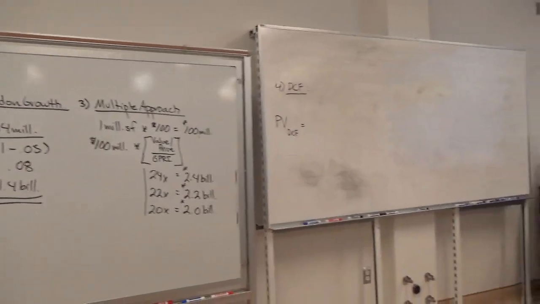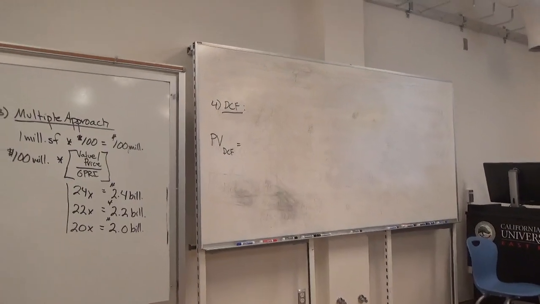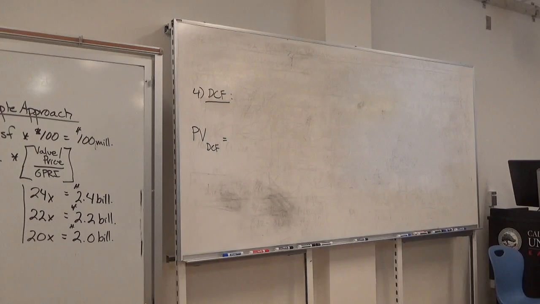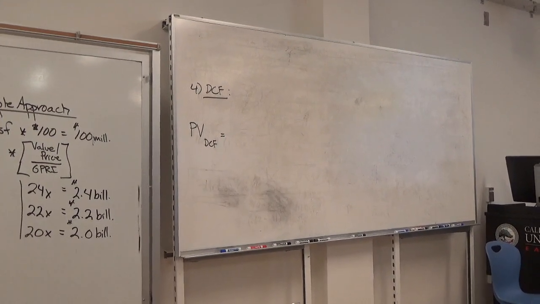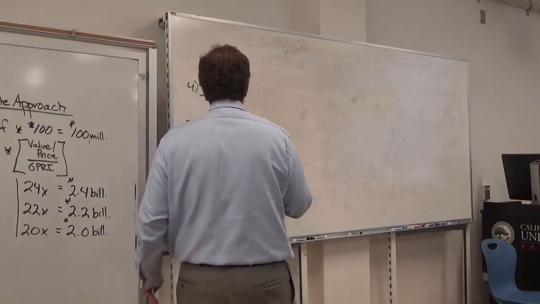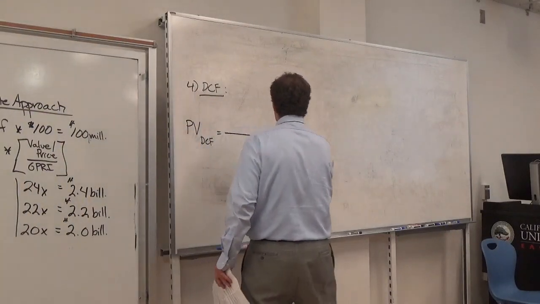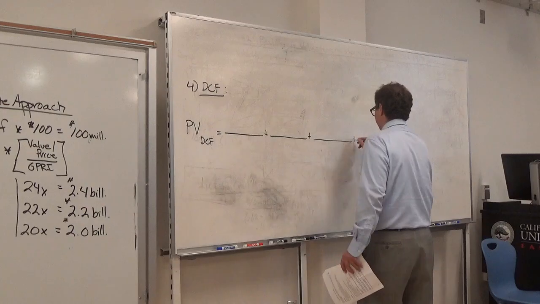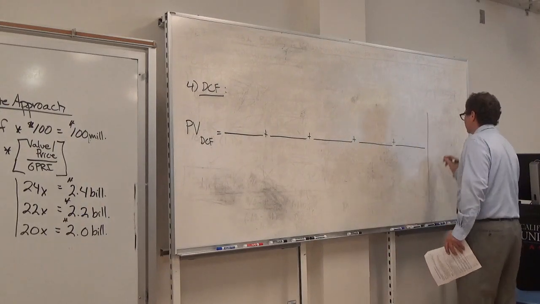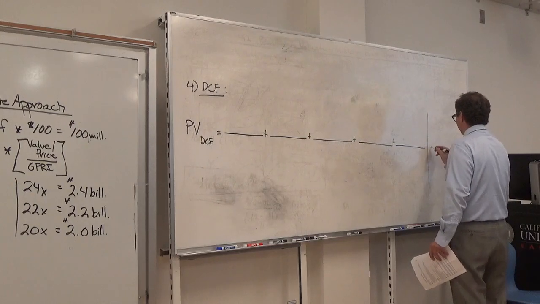But for expediency, I decided to use 5 years, because I don't want to be sitting there doing 10 years of calculations. So 5 years: 1, 2, 3, 4. What are we going to calculate the cash flow for?